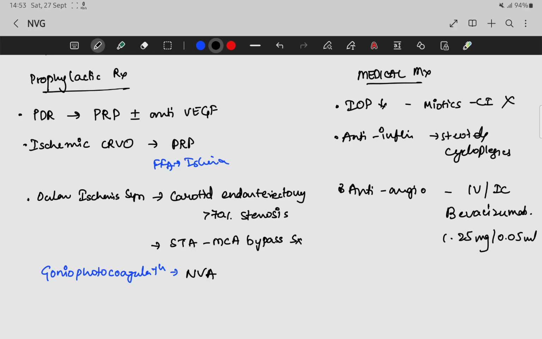Coming to the surgical management, we have trabeculectomy, tube shunts and cycloablation depending upon when the patient presents.